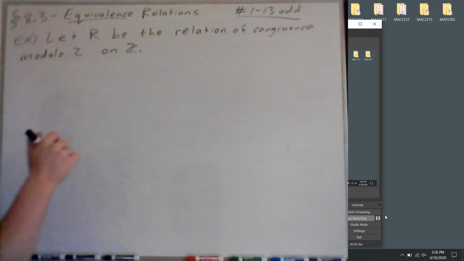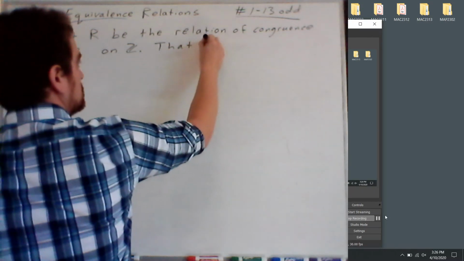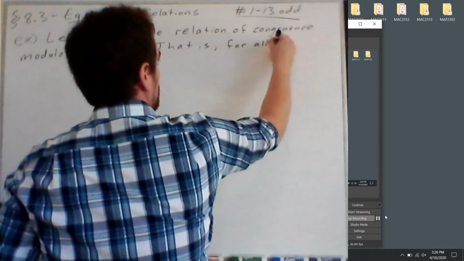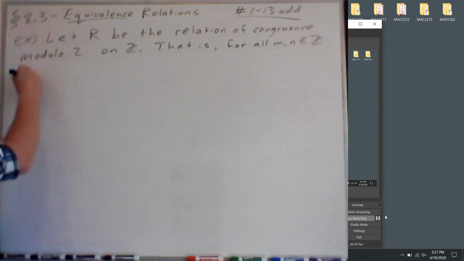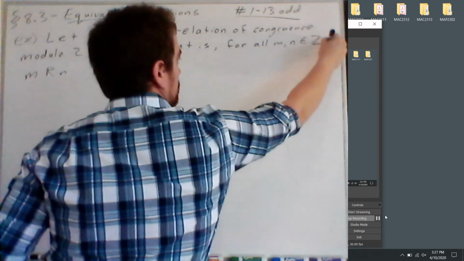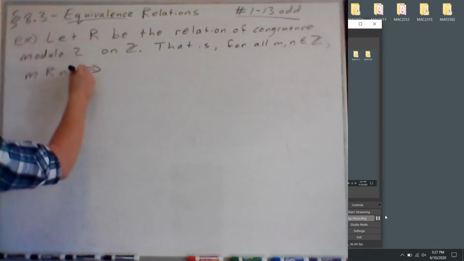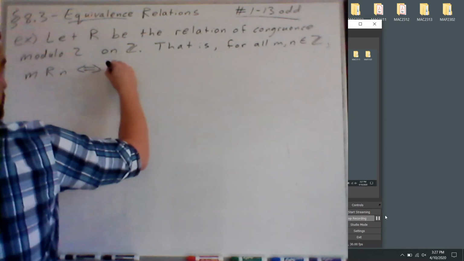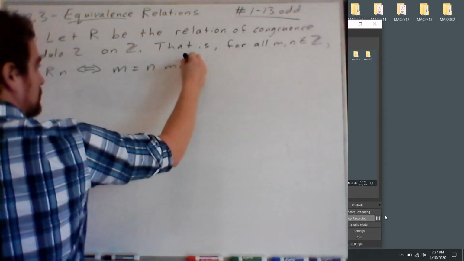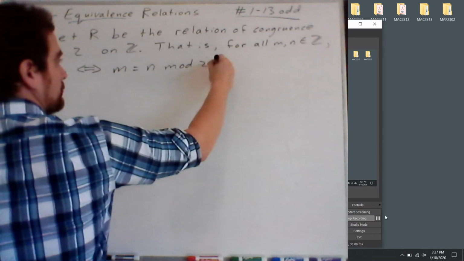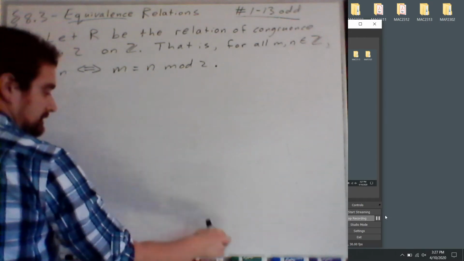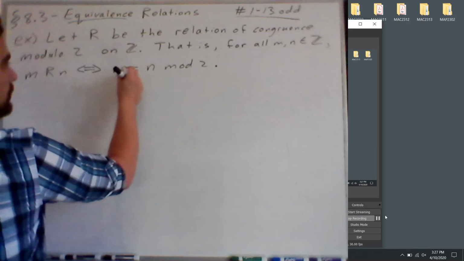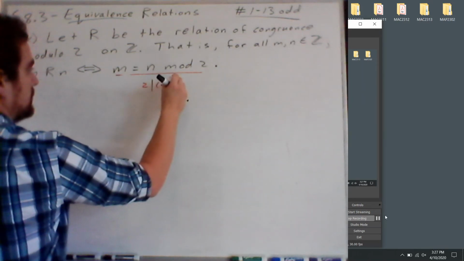Fancy Z. What that means is, for all m and n integers, m is related to n if and only if m is congruent to n mod 2. So that is our congruence mod 2. And again, what this whole thing means is that 2 divides m minus n.